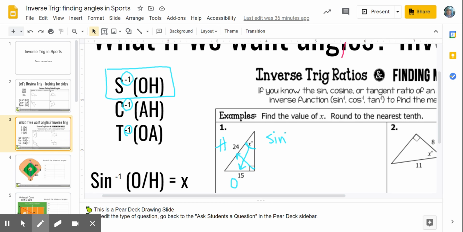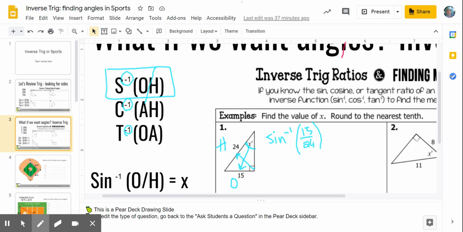So we're going to do sine. I'm looking for an angle, so I got to put the little -1, the inverse, right? And then O over H, because we still just make that into a fraction, O over H. So 15 over 24. Remember from last week, I think it was, right? We still need to be in degree mode. You can go into functions and find your inverse sine.